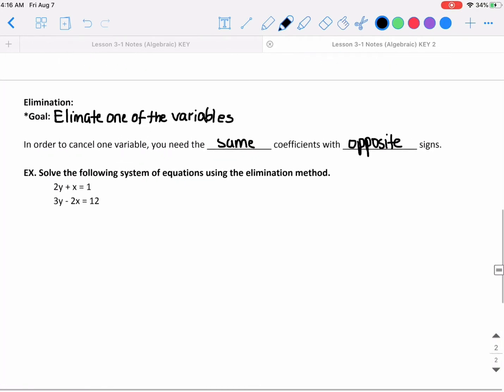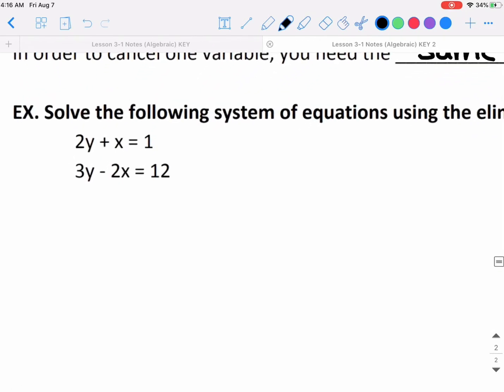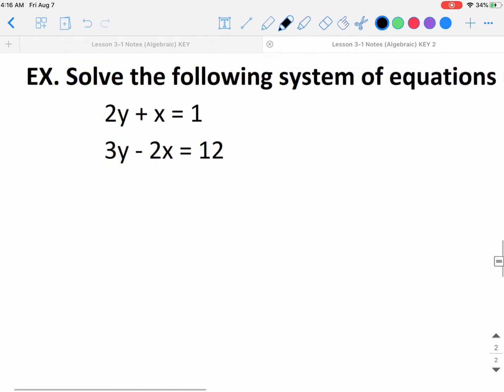Okay, so let's look at this example. If I want to solve this system by elimination, I'm going to need to be able to eliminate one of the variables, either y or x, by adding these two equations together. If I add these two equations together as is, I'm not going to be able to cancel anything. I don't have the same coefficient with opposite sign for y.